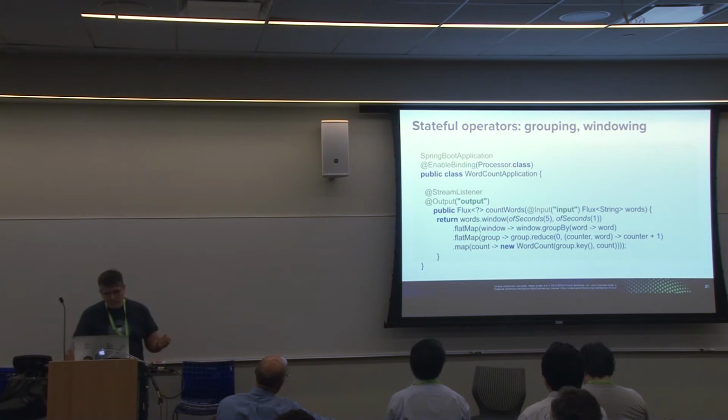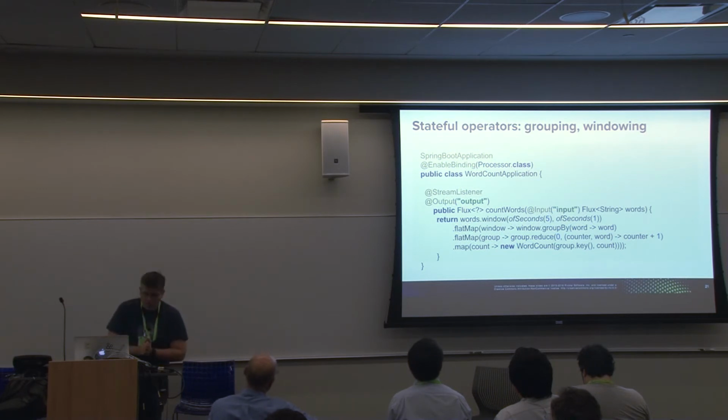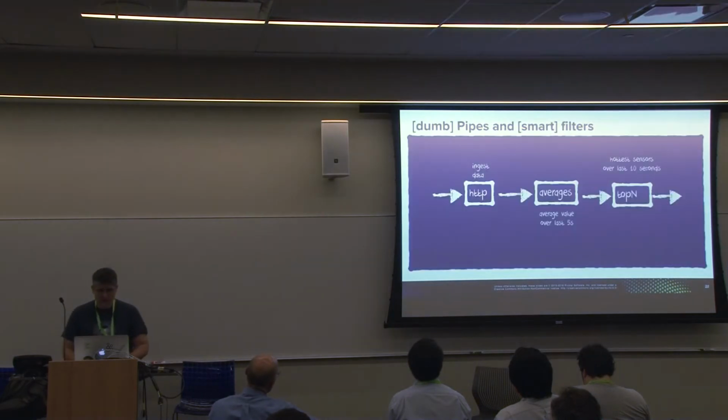In this case, we're grouping messages, we're counting them, and then we're sending the result out, right? So that's a big motivation for supporting a reactive programming model, and a functional programming model as an alternative to the classic enterprise integration and classic messaging style, imperative, one-by-one model.